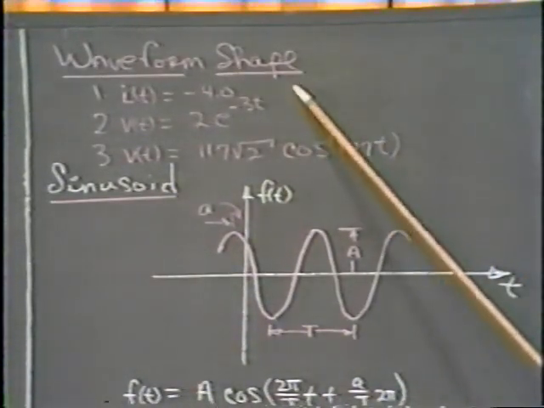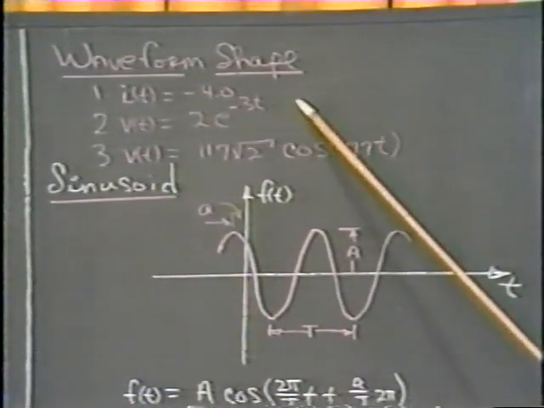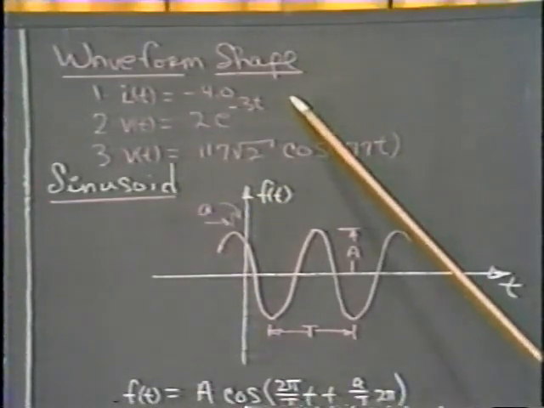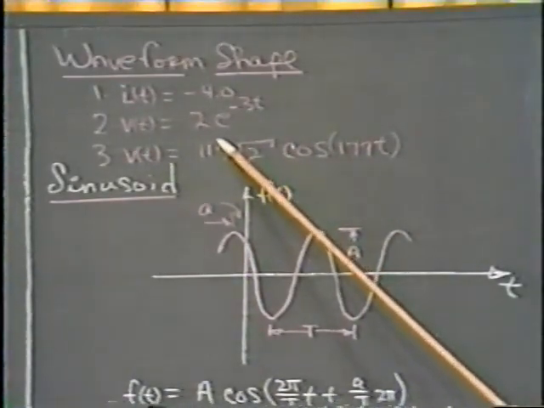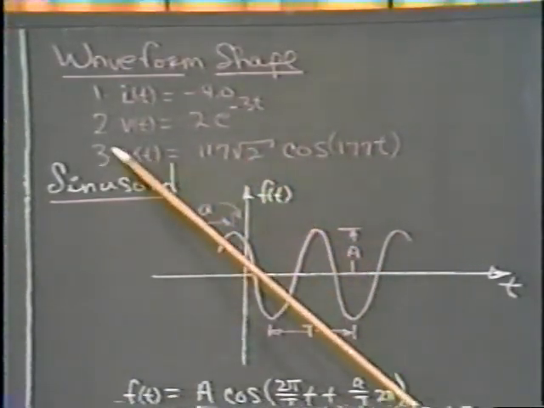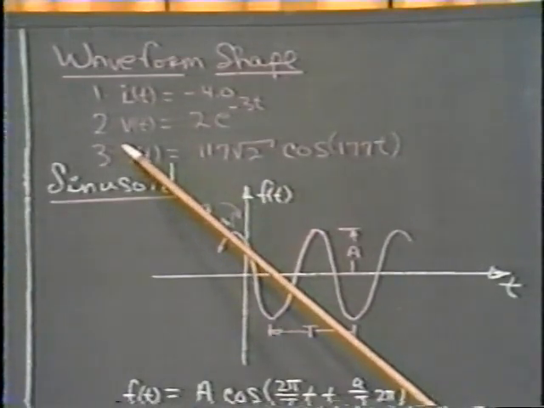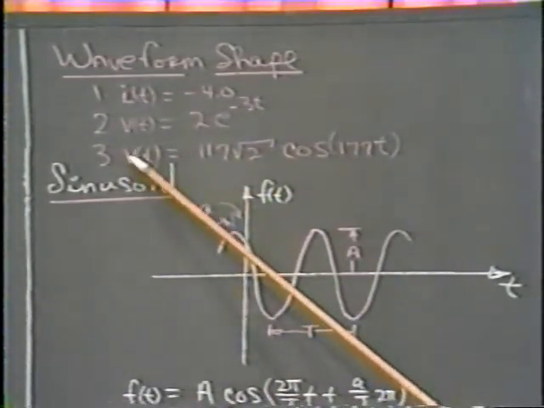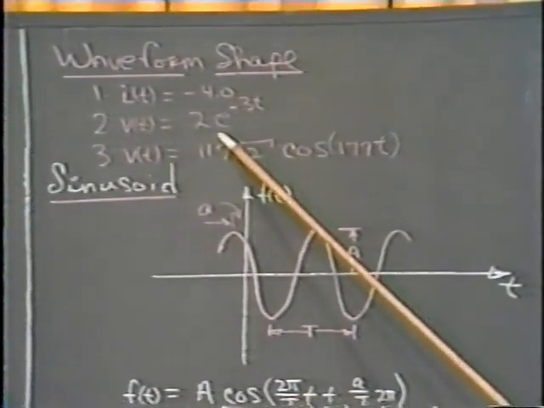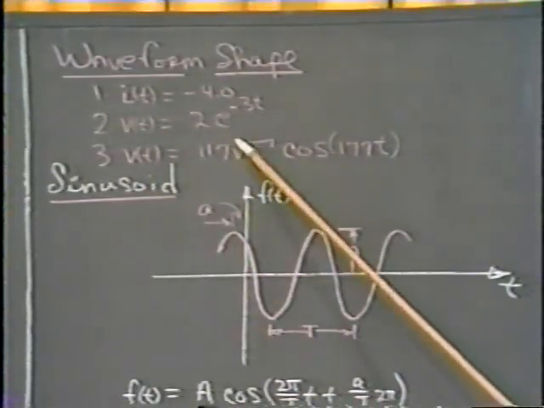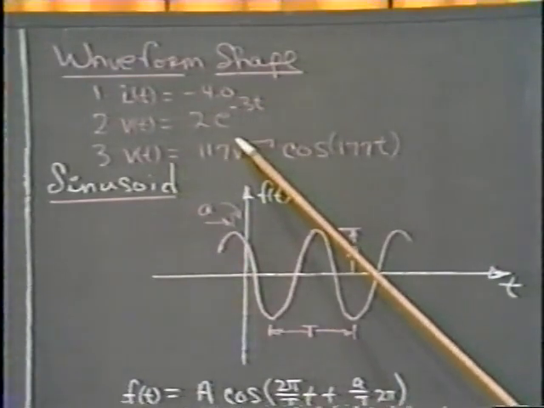The first one is a current listed as -4. This is an example of a DC current. It does not change with time. V of t here, shown as the second example, is the first example of an AC voltage. It's aperiodic, meaning it does not repeat its shape over and over. And it's normally associated with transients in electrical circuits.